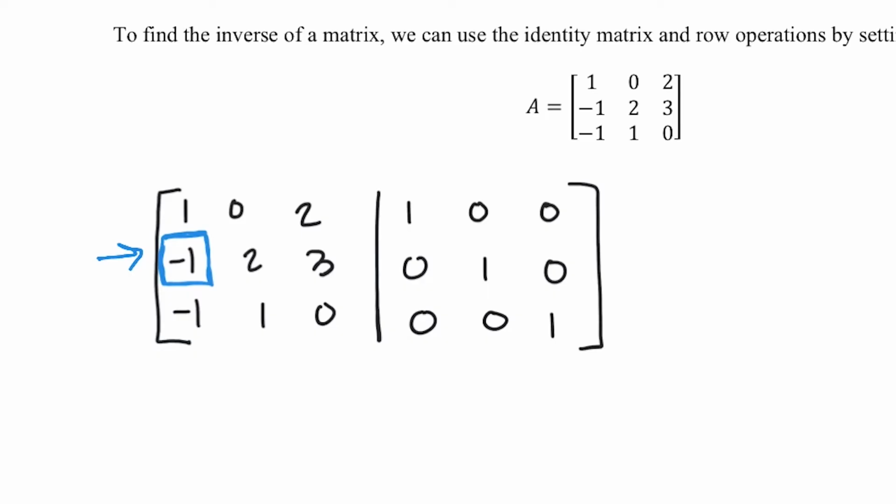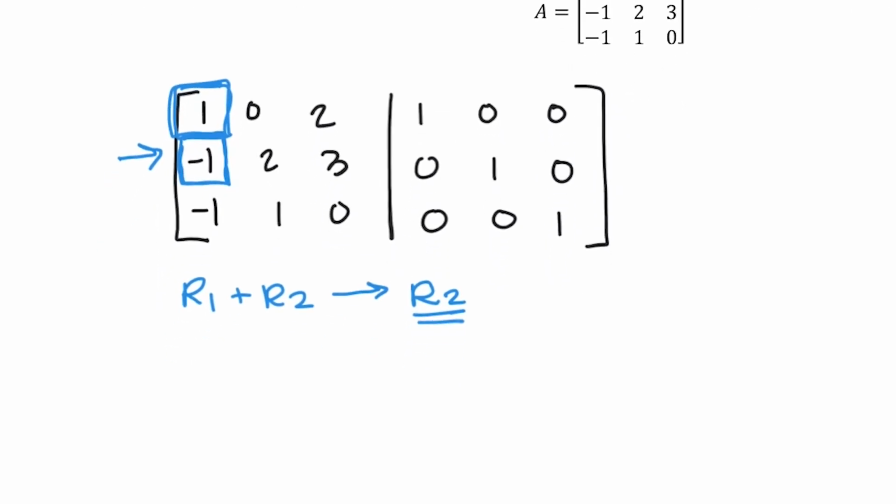So if you look at the first two rows right now, we have a positive 1 right above it. So what if we added the first two rows together? So I'm going to say row 1 plus row 2. And this is specifically to change row 2. We are not changing any of the other rows right now.